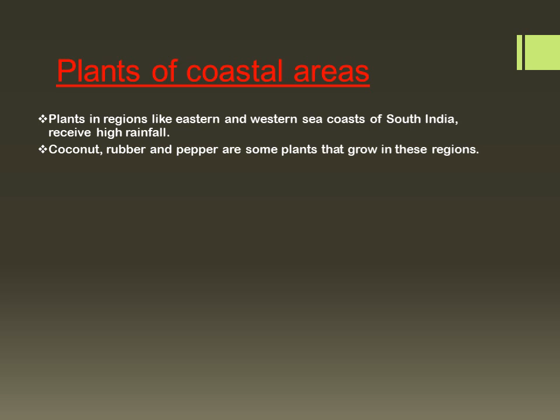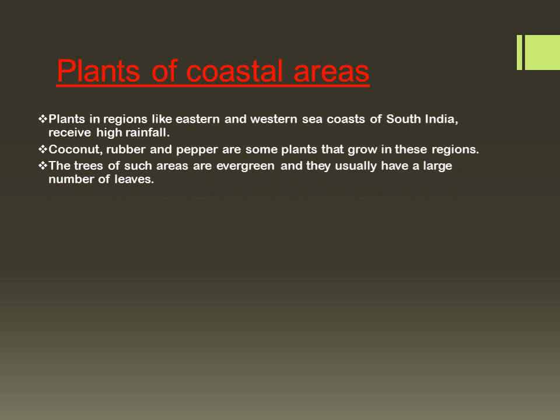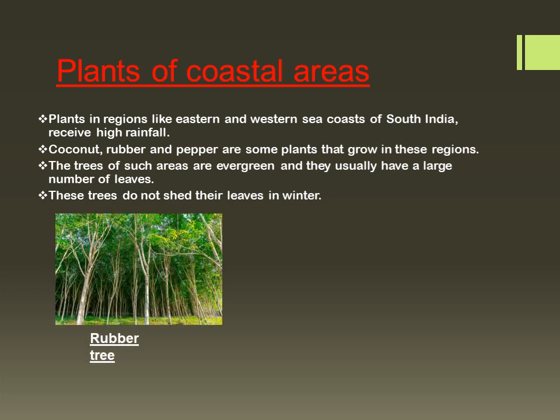Coconut, rubber, and pepper are some plants that grow in these regions. The trees of such areas are evergreen and they usually have a large number of leaves. These trees do not shed their leaves in winter because they are evergreen.